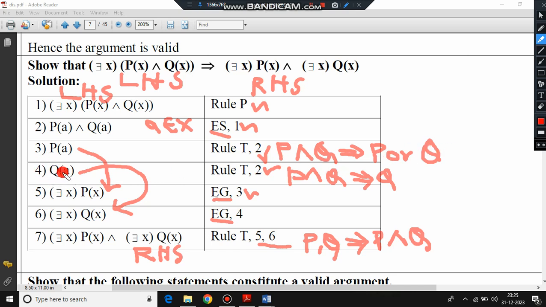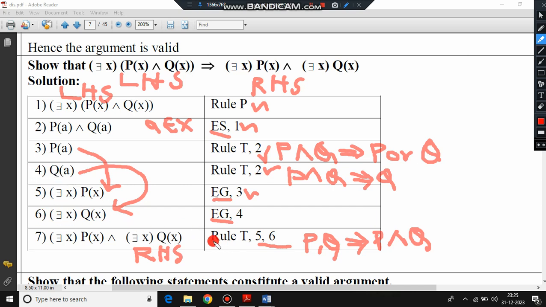And in the fourth step also, by using the second one, we can get p and q equals q. And to these two we can apply existential generalization, because for a particular property this is true, so we can generalize to the existential form that there exists some x, p of x. We are getting step number 5, and for 4 we are getting 6.